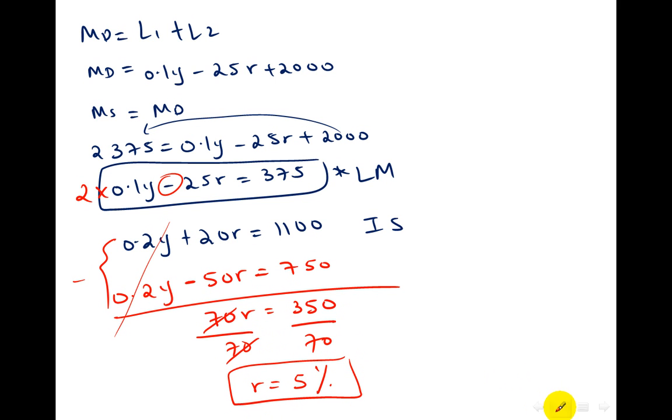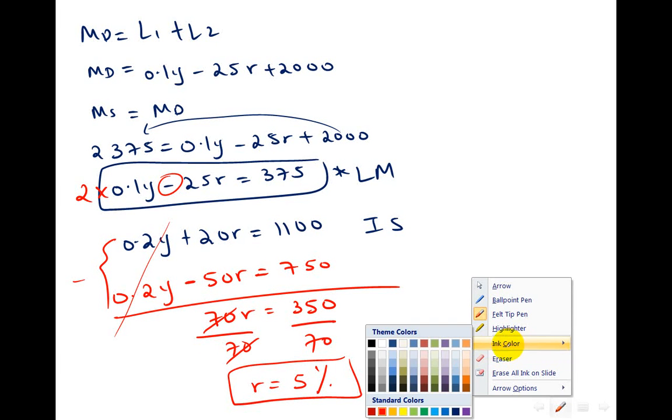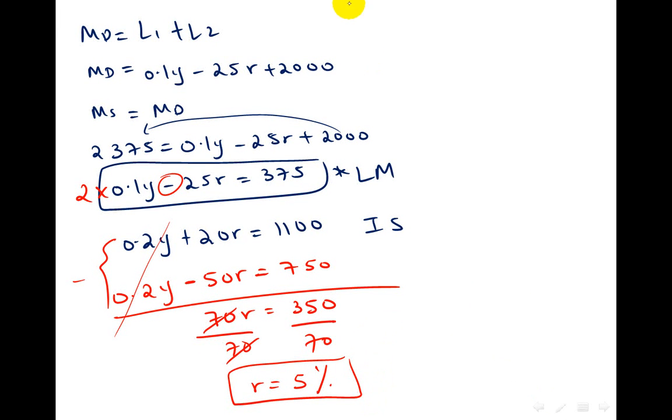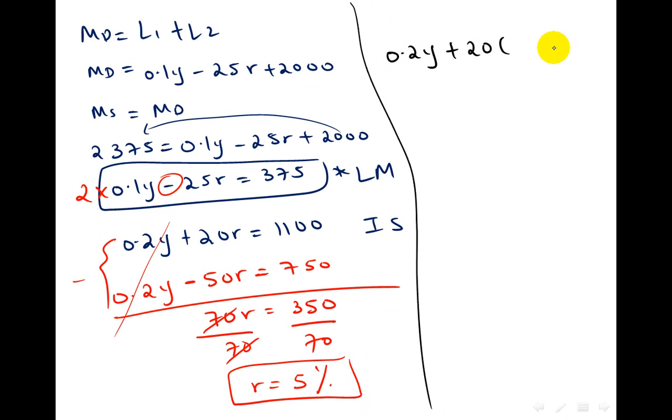But once you find the rate of interest, now we can go back and work on the what? On the value for Y. You can take any of the two equations. Let's say that I choose to take this one. So you have 0.2y plus 20r, which is 5, equals to 1100.